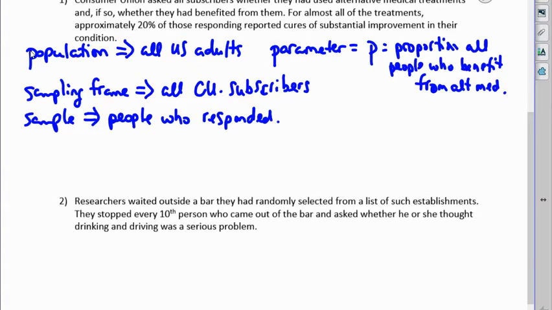So, okay, we're going to have non-response bias, because some people won't answer.